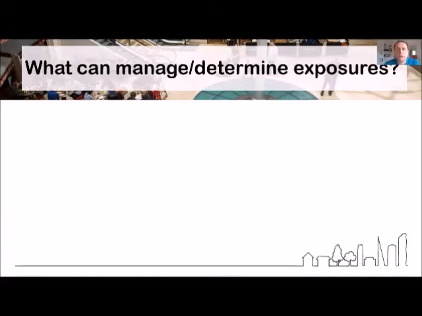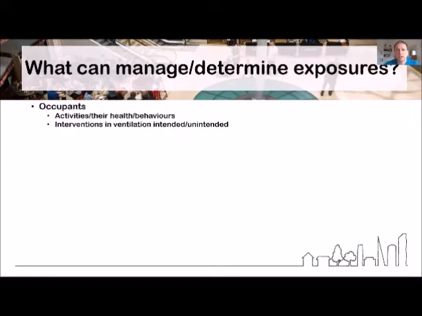So just quickly to think about going slightly away or broader than the current pandemic, and thinking about health in the context of FUVEN being linked to our exposures, and what drives those exposures. Occupants are the key.